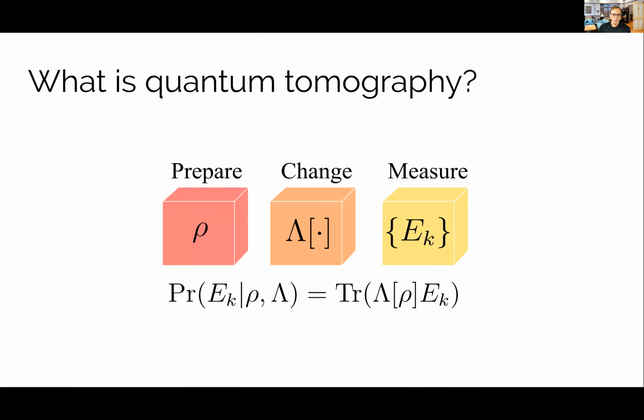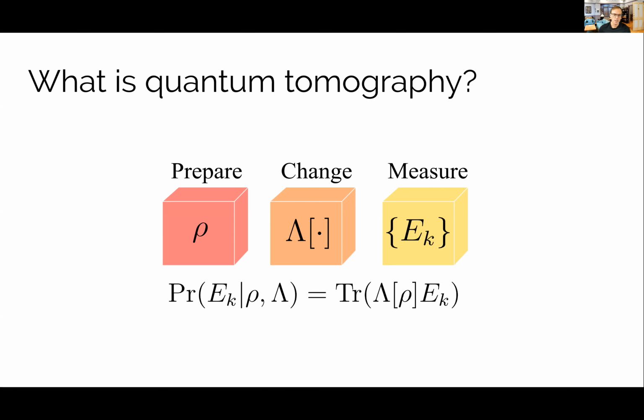In quantum physics, a modern sort of operational interpretation of it, we have three things that can happen to a quantum system. First, you prepare some physical system, then you make some changes to it, and then you perform a measurement and read some output on some meter somewhere.